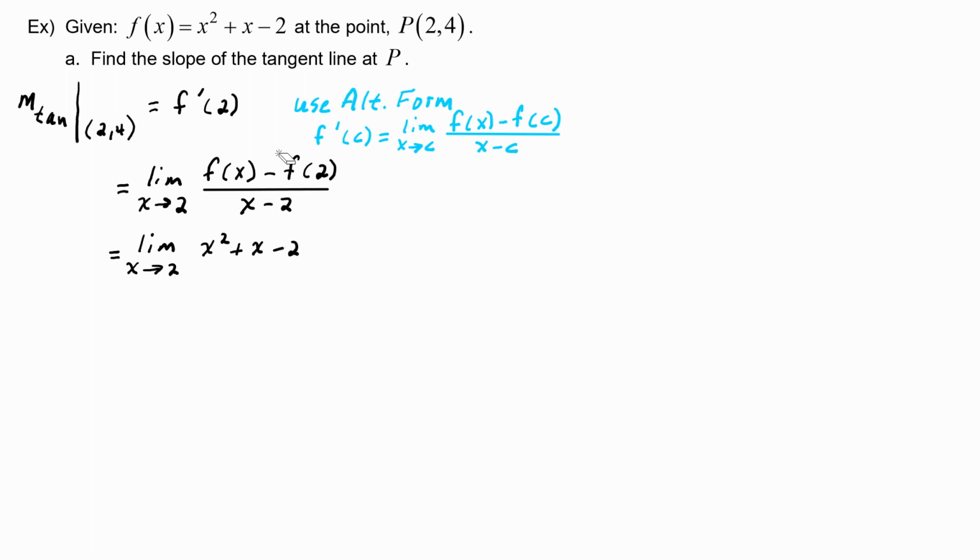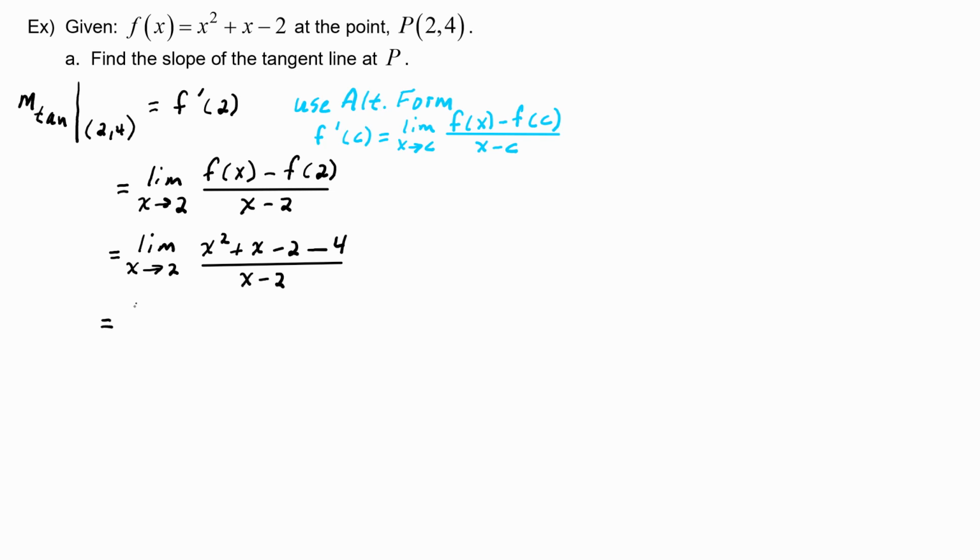Then we have this subtraction sign, and we have to subtract f of 2. We can either plug 2 into the function and figure it out, or we already know that f of 2 is equal to 4. Either way, we'll get 4. And we put that over x minus 2.